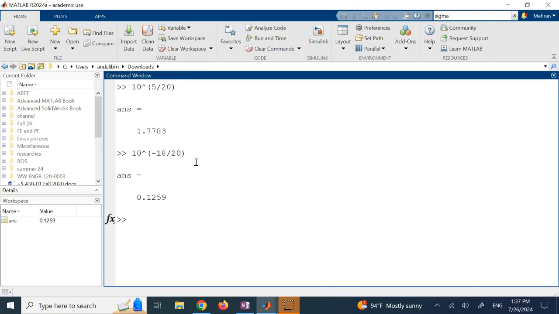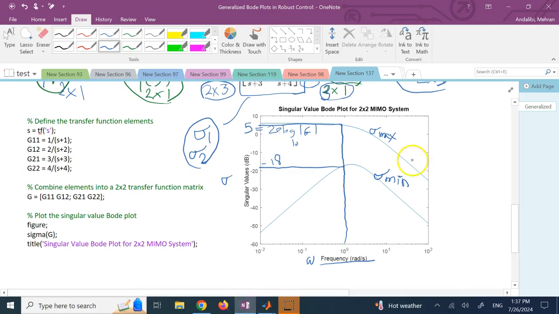So it is 0.13. So 0.13 and 1.78. Let's go and write them down here. So that means 0.13 magnification here, and that means 1.78, if your inputs are at a frequency of 1 radian per second.